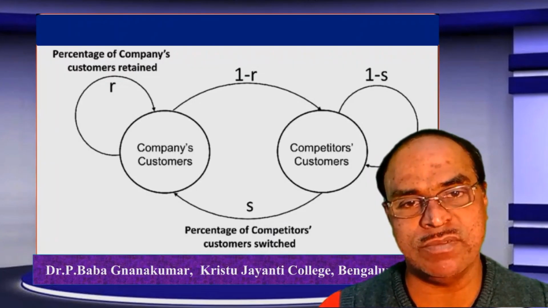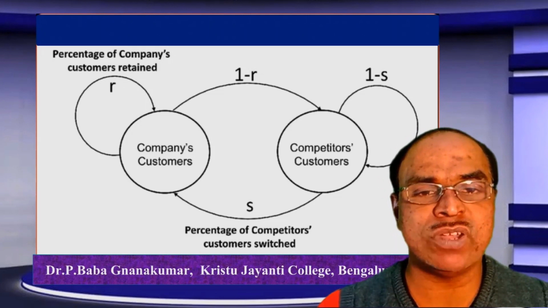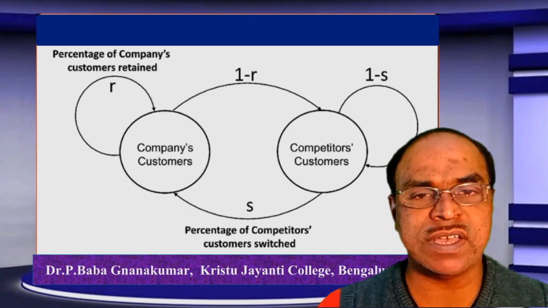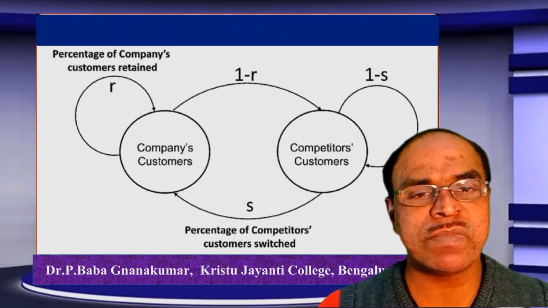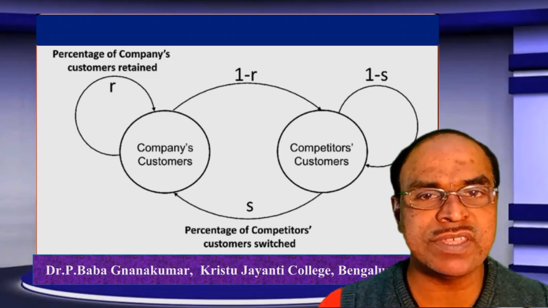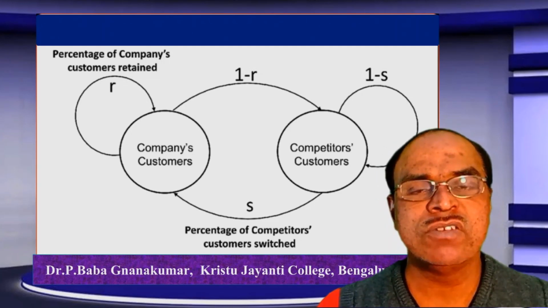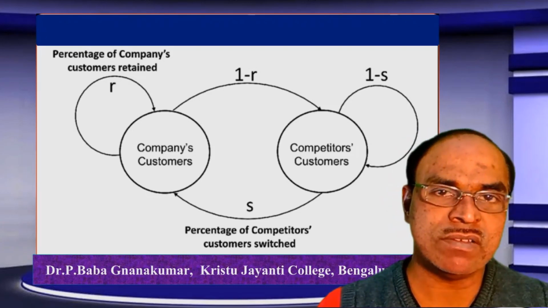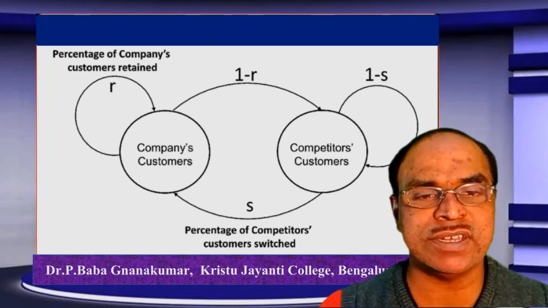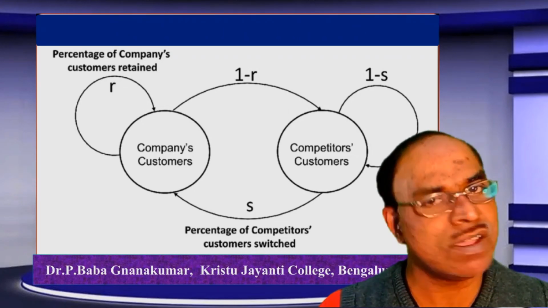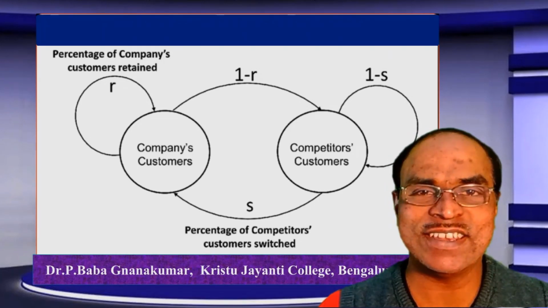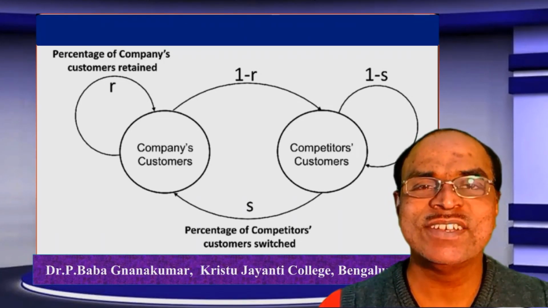You can see the example here. What percentage of the customers are retained in our organization? What is the shift from one brand to another brand, or how our customers are moving towards the competitors? The switch over from ourselves to the competitors can be easily identified in this Markov model.